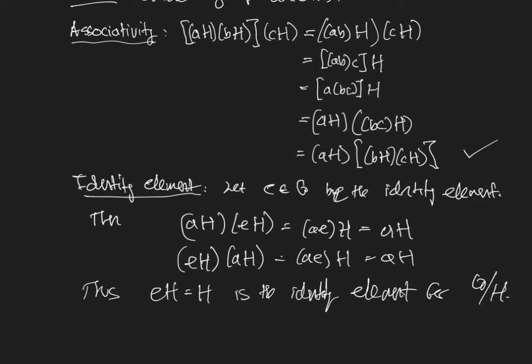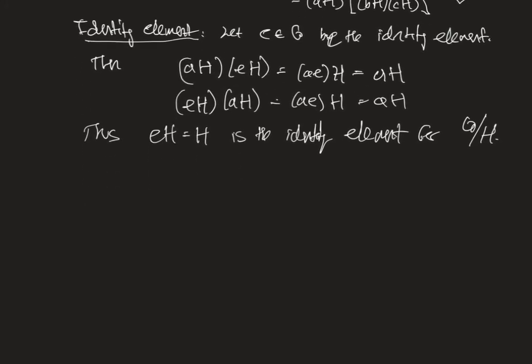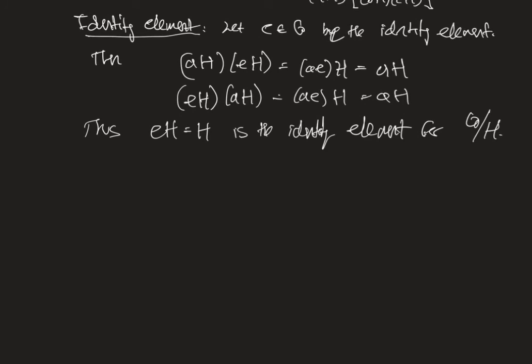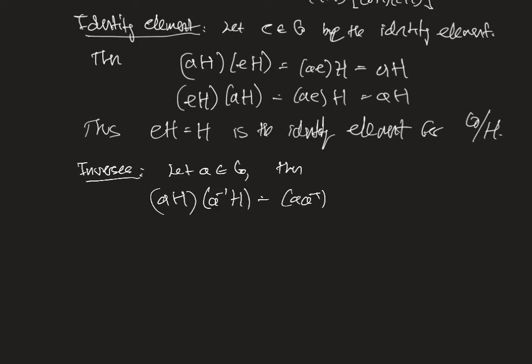Lastly, we need to check that every element has an inverse. So check that inverses exist. Let a be in G. Then if we do aH times a inverse H, we get a a inverse H, which is eH, which is the identity element in G mod H. And if we do it in reverse order, we get the same thing.